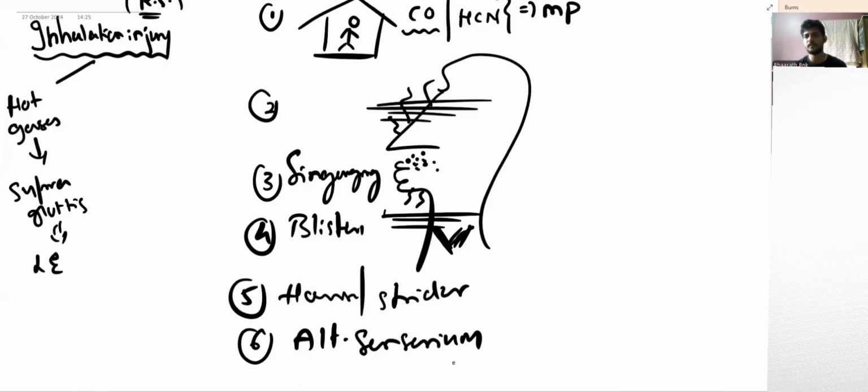Now, this laryngeal edema can set in anywhere between 4 hours to 24 hours and it takes at least 48 hours to resolve. Right? So if a patient is suspected of inhalational injury, and there is a criterion for intubation, try to intubate this patient within 4 hours of injury. I'll tell you later what the criteria for intubation are.